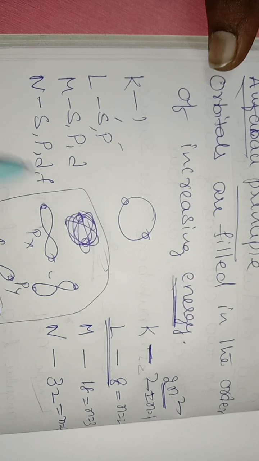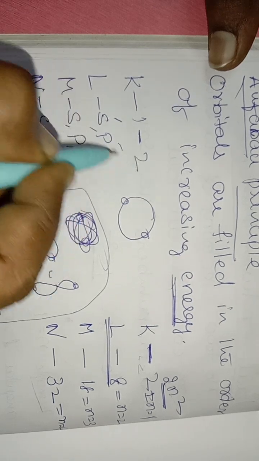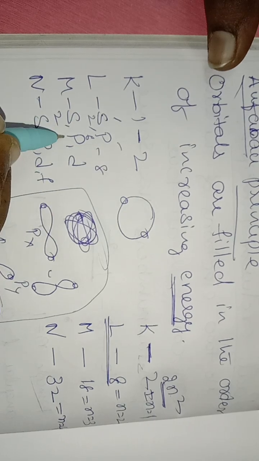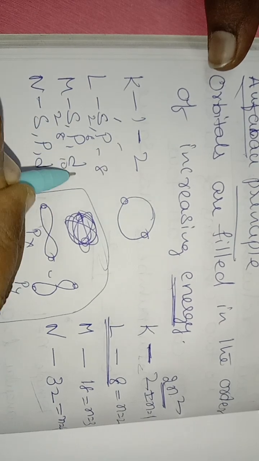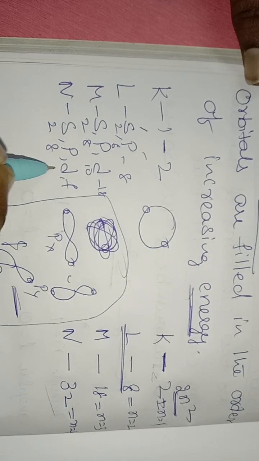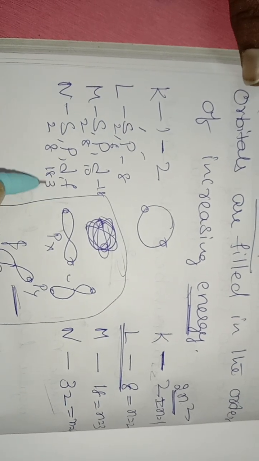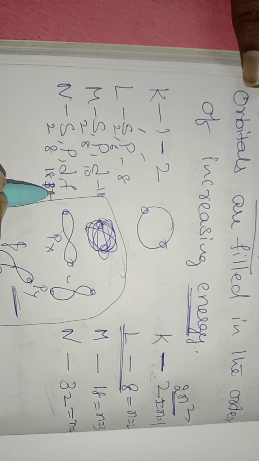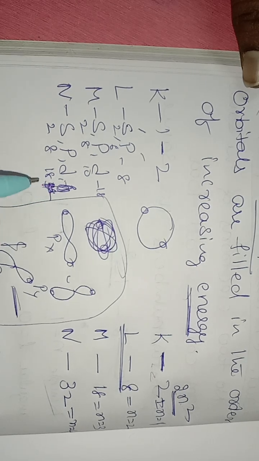So how many electrons fit in these main shells? Here 2, 2 plus 6 is 8, 2, 6, 10 total 18. Here 2, 8, 18, 32, like this.